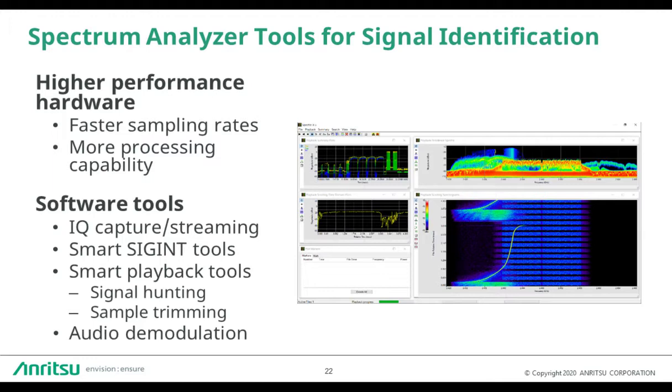And then a last one I mentioned on here is audio demodulation. A lot of spectrum analysis tools offer you an AM/FM tool that you can point to a specific frequency. When you get to that frequency, you can then play back the audio demodulated as an FM, AM, USB, or LSB type signal.